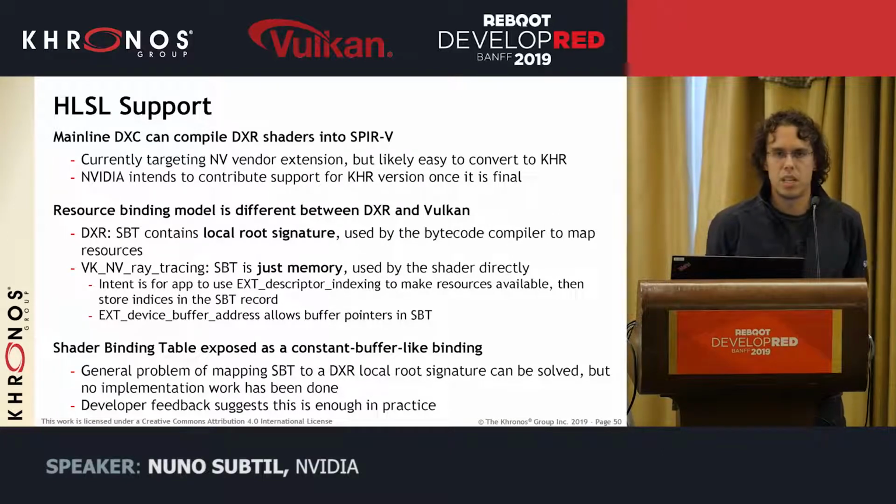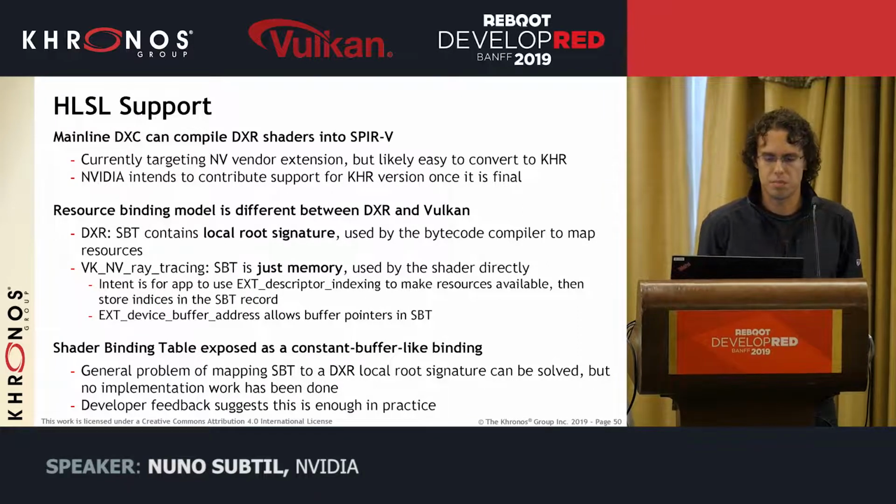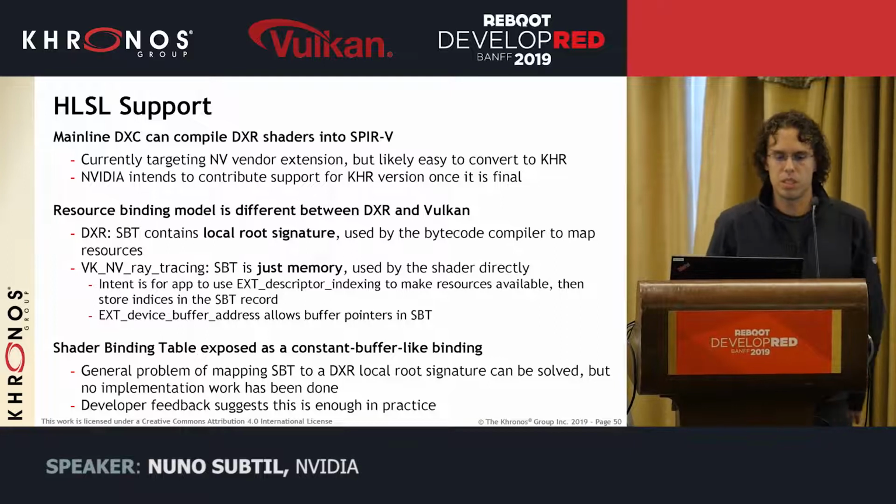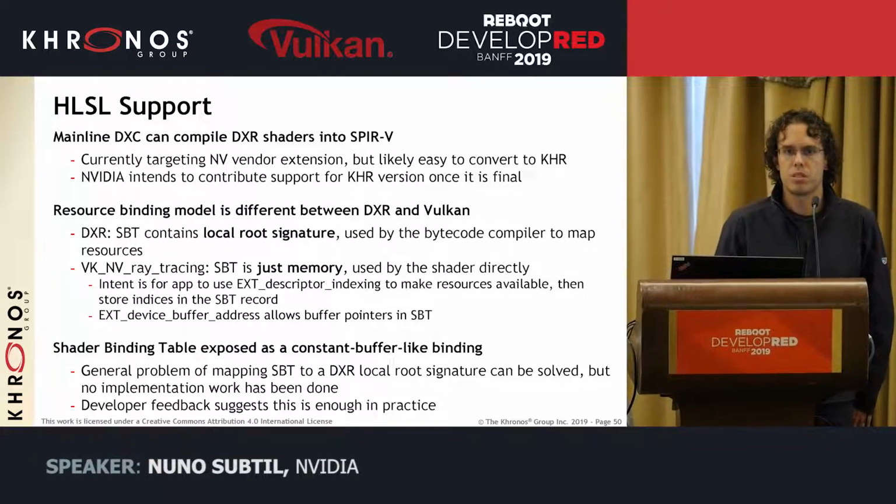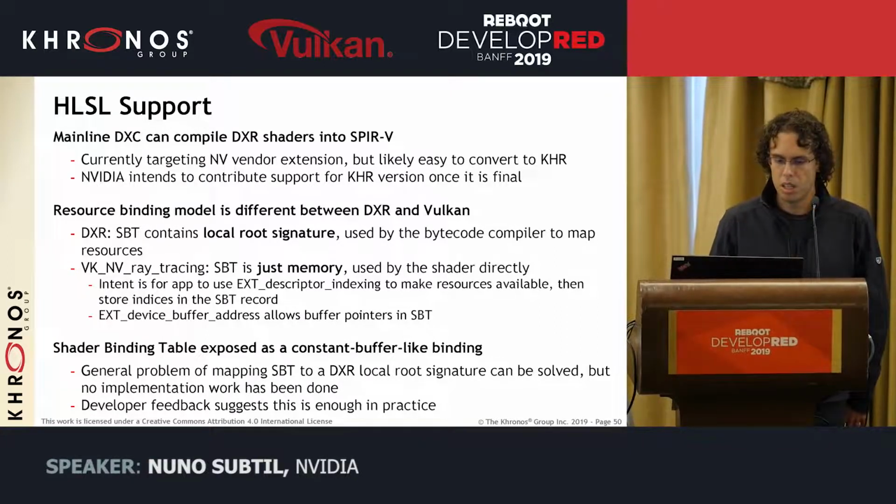This is also in mainline. If you go to the Microsoft repo, pull it out, build it, it's there. You can compile DXR shaders for Vulkan using the NVIDIA vendor extension. We expect this to be easy to convert to the cross-vendor extension later on, and we intend to contribute support for the cross-vendor extension to DXC as well.